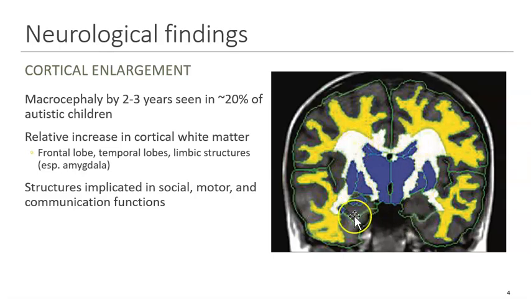And finally, the blue areas were absolutely but not relatively different. So in other words, the yellow areas show you where there's enlargement in the white matter of autistic children compared to controls. The white area doesn't differ, and the blue areas also do not differ. So again, we see it in the cortical areas rather than more of that midbrain area.